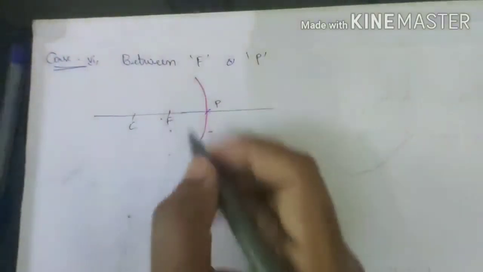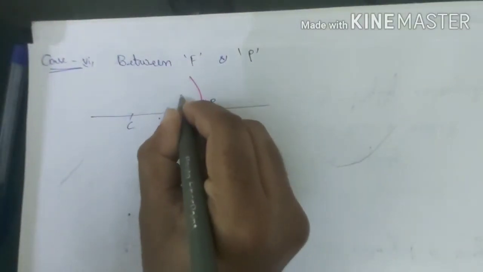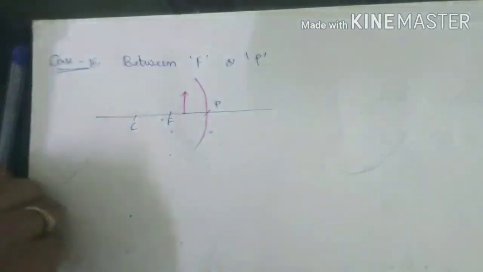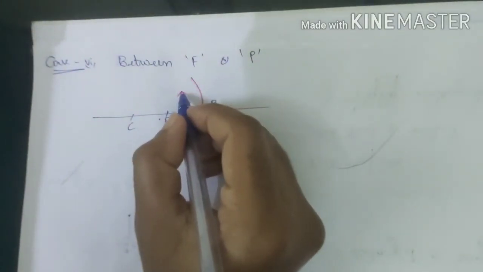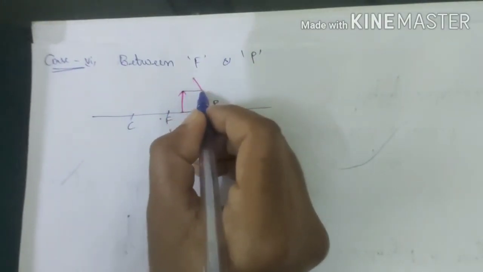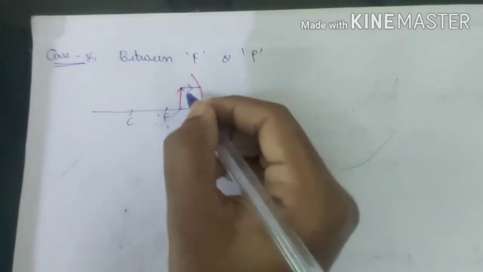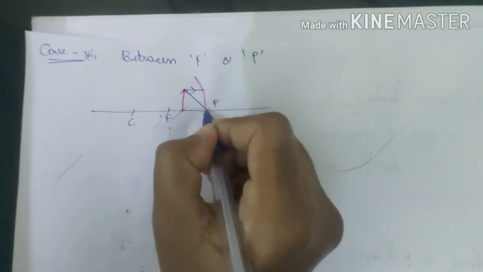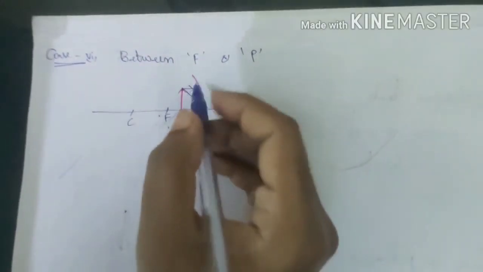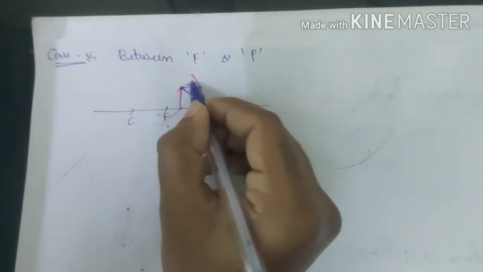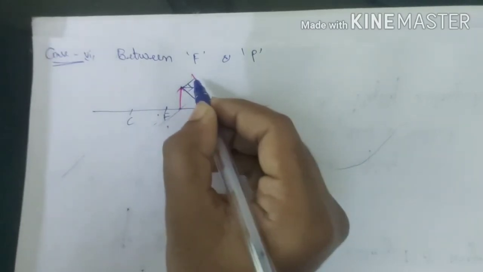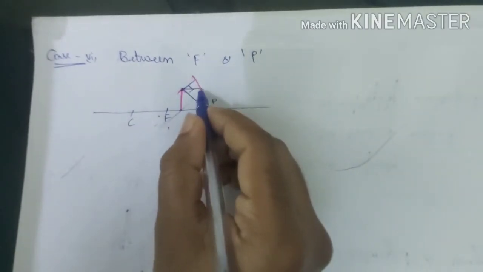Now let's see the case where I am having my object over here. Two rays, ray 1, one from the principal axis and one that is oblique, and one more is a ray that is above the top.